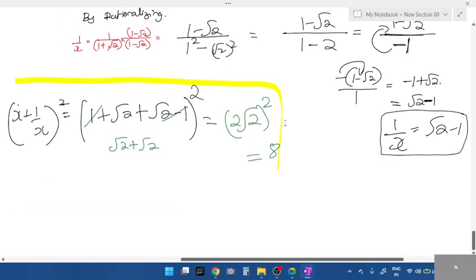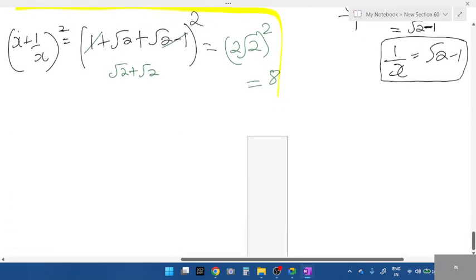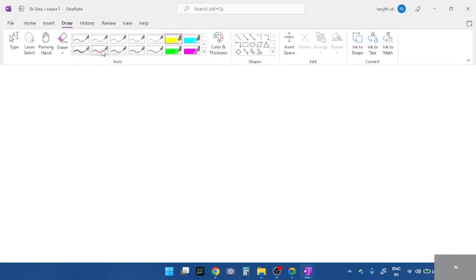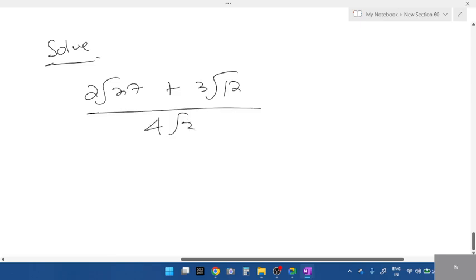Okay, next question. They'll give you this as MCQ or just a 3 marks question, students. They'll ask you to solve or evaluate 2 root 27 plus 3 root 12 divided by 4 root 3.